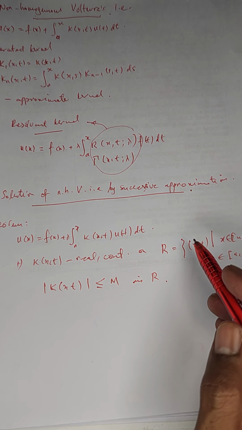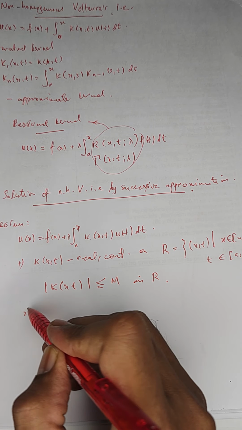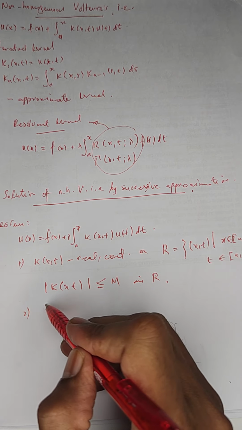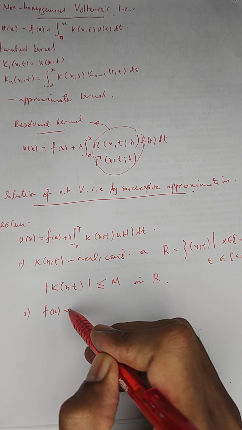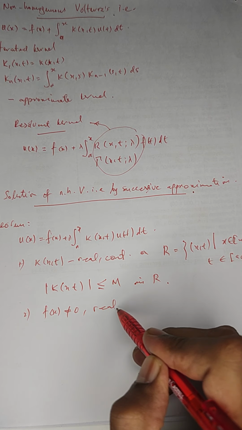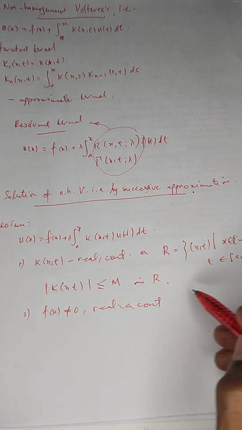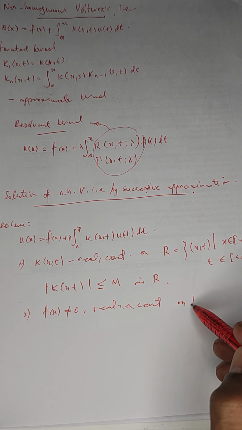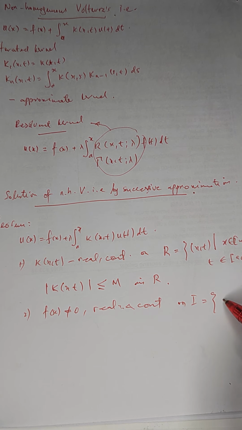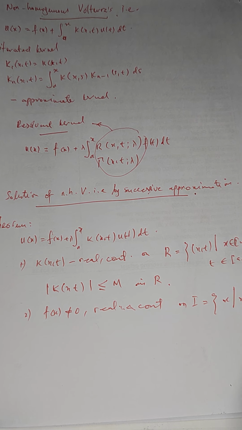Our assumption number 2 is that the function f(x) is different from 0 and is real and continuous on some interval I, where I is all x in [a,b].